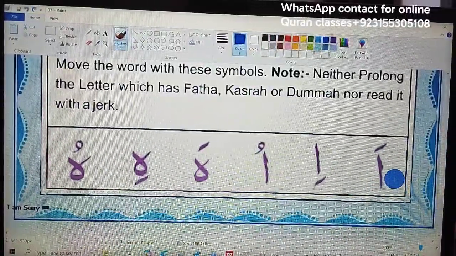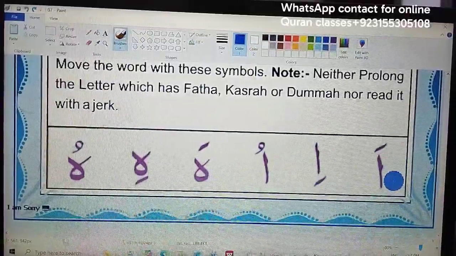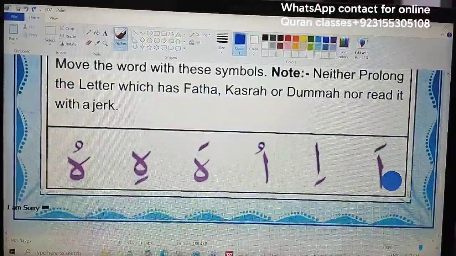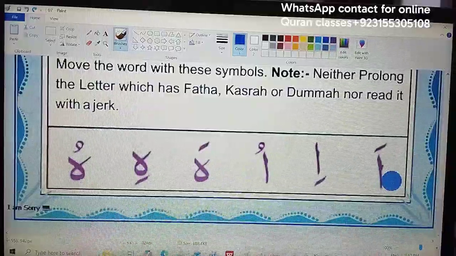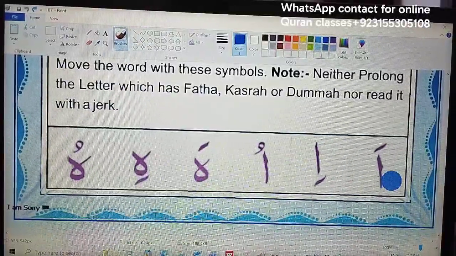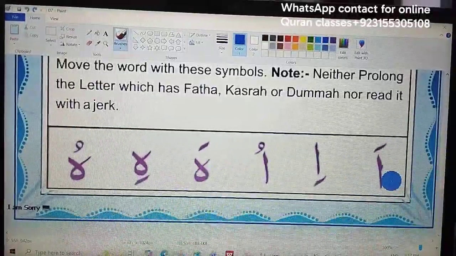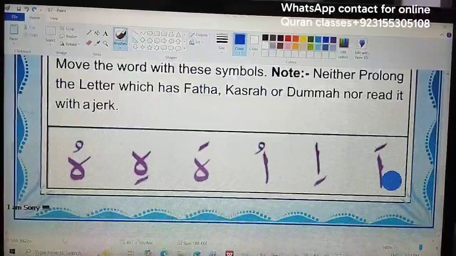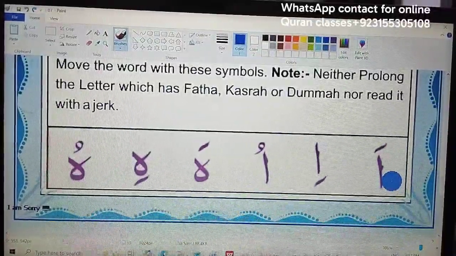Note this thing. If alif has any movement, alif has fatha, alif has dhamma, alif has kasra, any of these three movements on alif, then alif is changed into hamza.